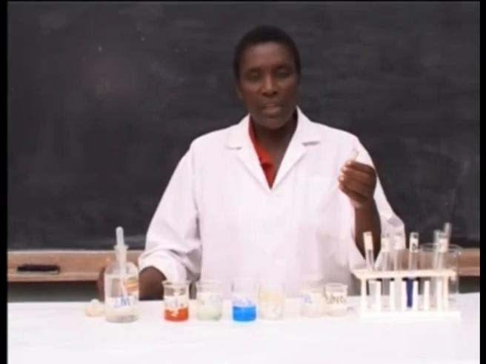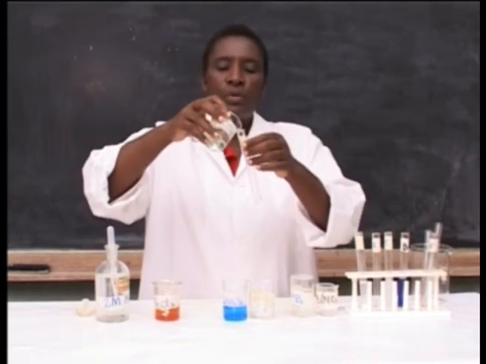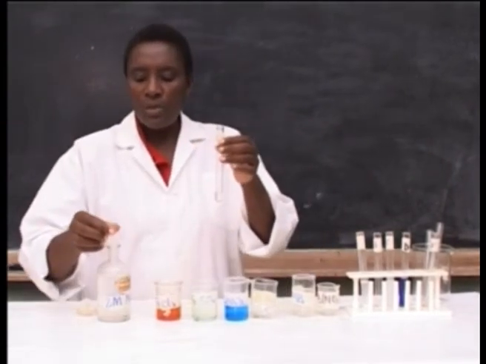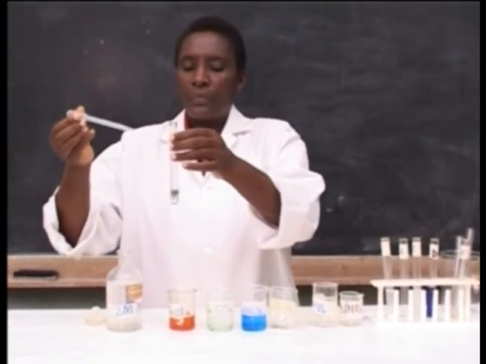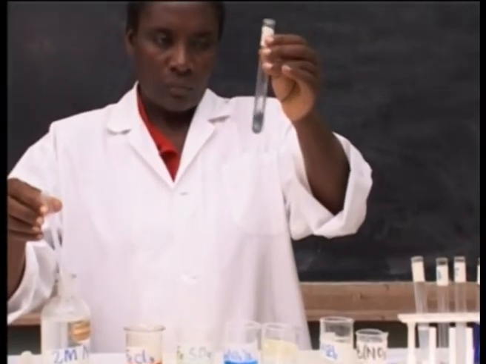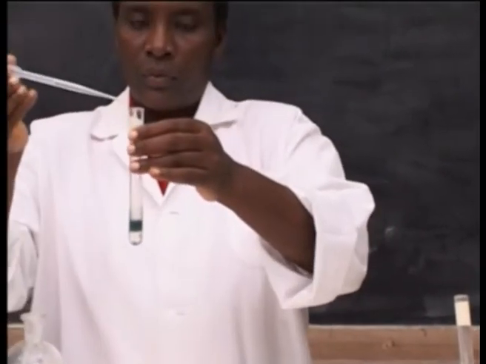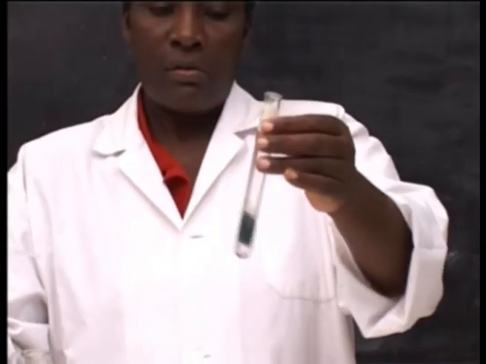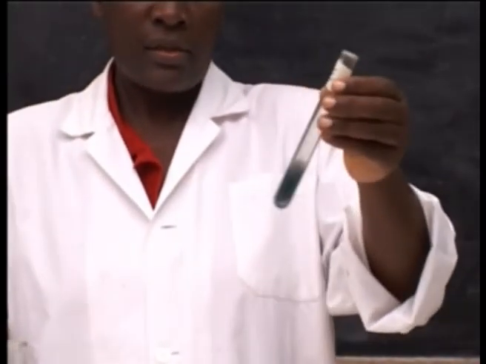Take test tube E, then put iron 2 sulfate solution, add few drops of ammonium hydroxide solution, then add the ammonium hydroxide solution in excess.